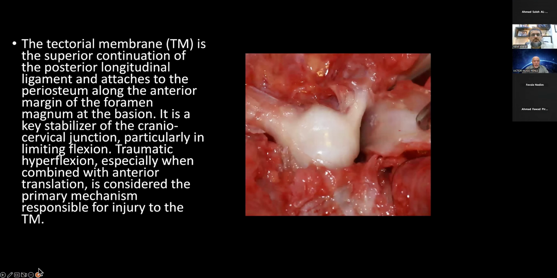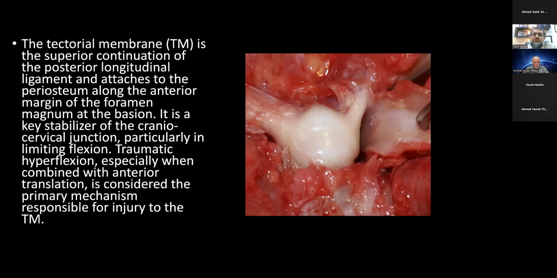The tectorial membrane, here we have the tectorial membrane, this one is really strong. It is a superior continuation of the posterior longitudinal ligament and attaches to the periosteum along the anterior margin of the foramen magnum at the basion. It is a key stabilizer of the craniocervical junction, particularly in limiting flexion.